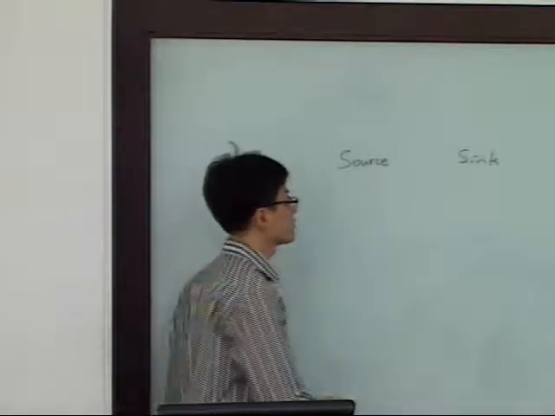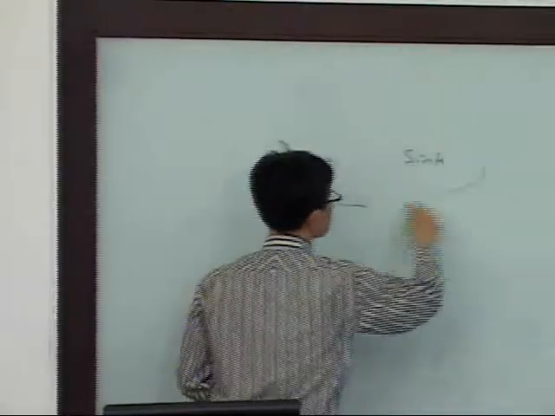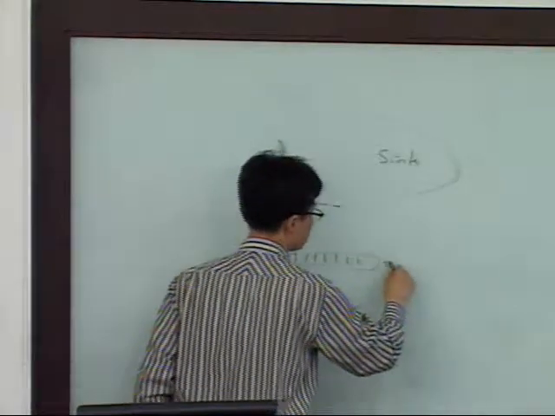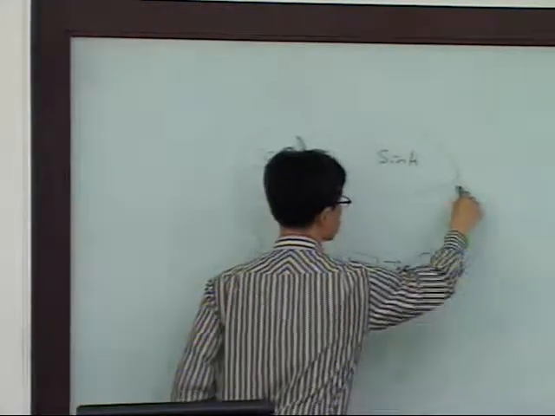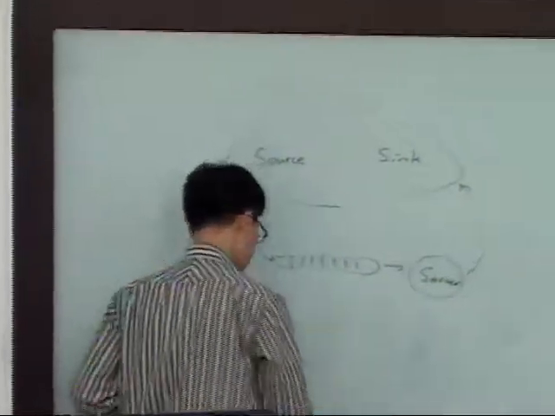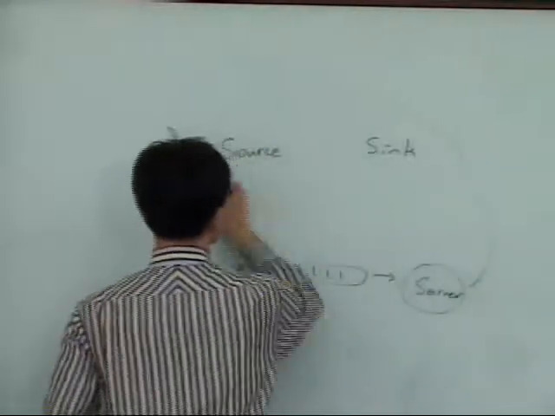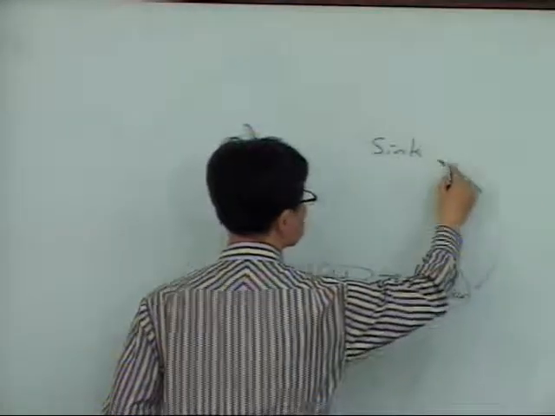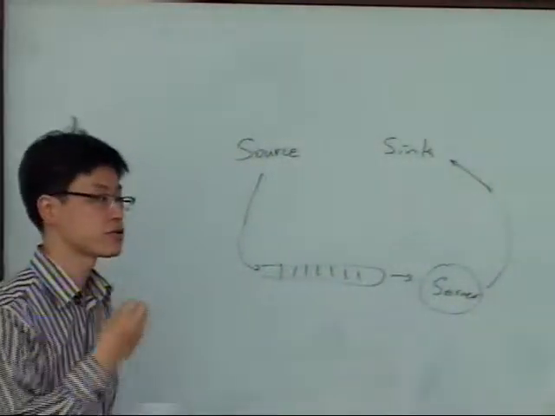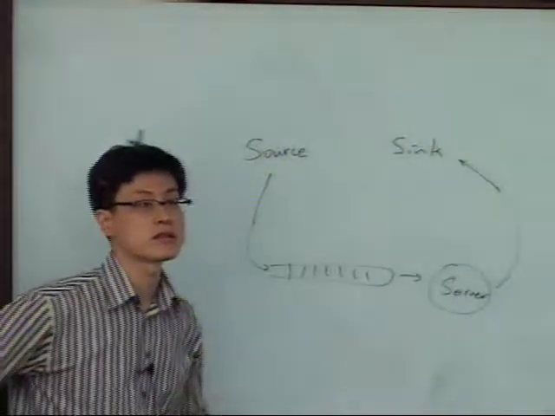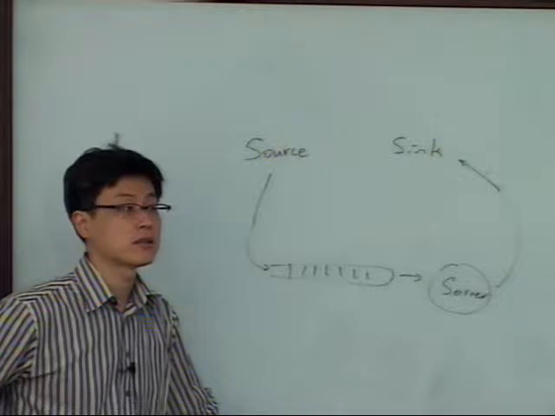So instead of having population, waiting line queue, and server, and going back to population, in many discrete event software the customer is generated by the source and disappears at the sink.